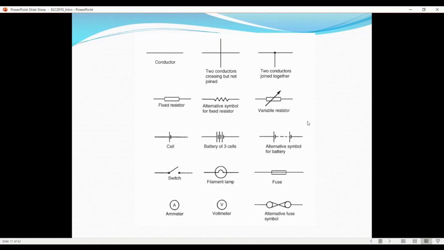A fixed resistor, a variable resistor, so we can change the current flow. A cell, which normally has a voltage, and maybe you have a battery of 3 cells connected in series. Switch, filament lamp, fuse, an ammeter, voltmeter, and alternate fuse symbol. These electrical diagrams are very important to note.